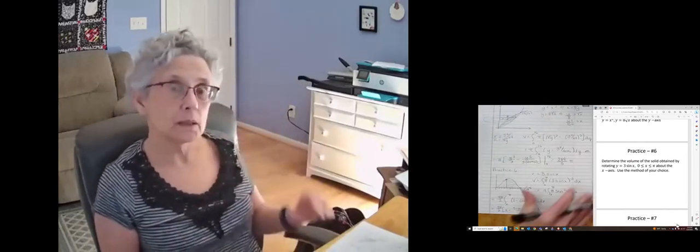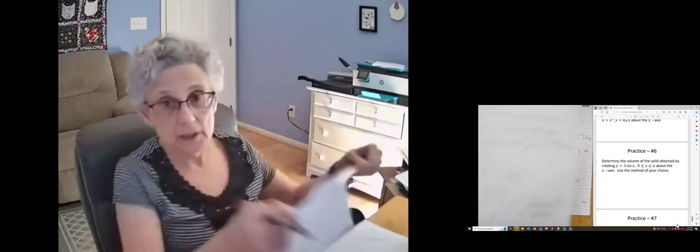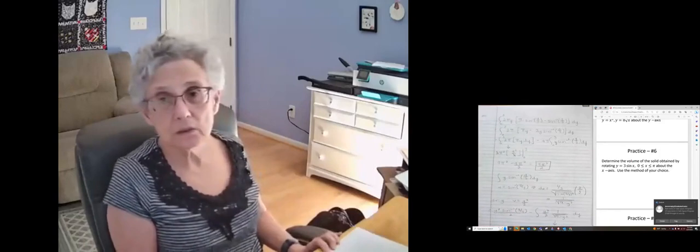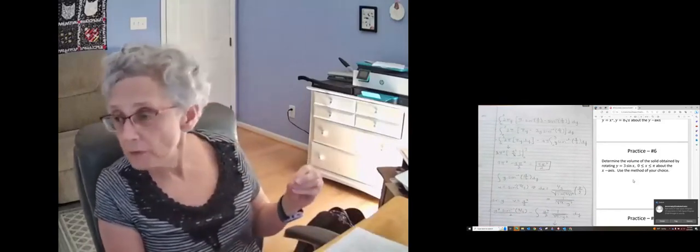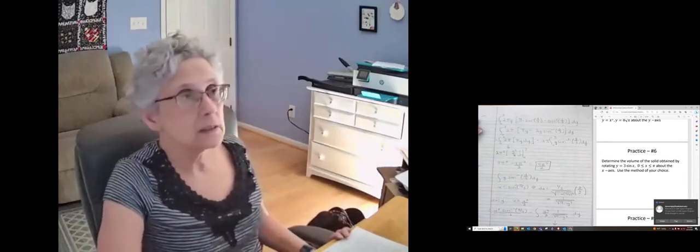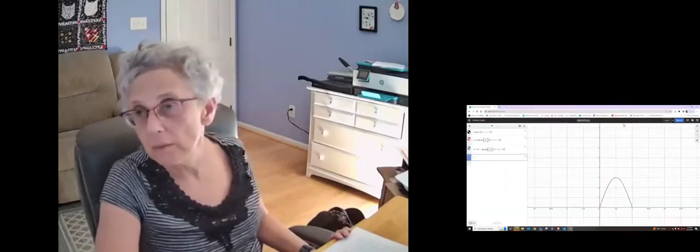Now, if you wanted to do it with respect to y, it took me both sides of this. So what I had to do was to figure out how to graph the inverse sine function. So let's start with that.